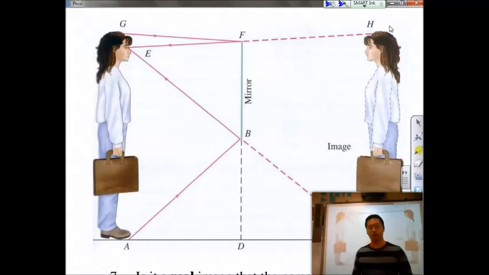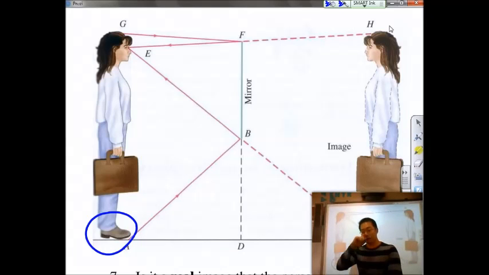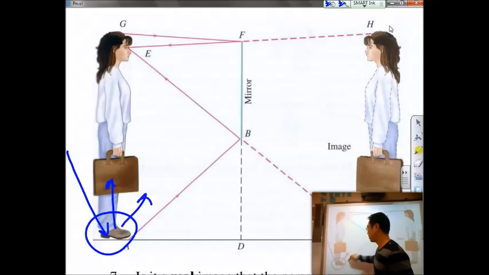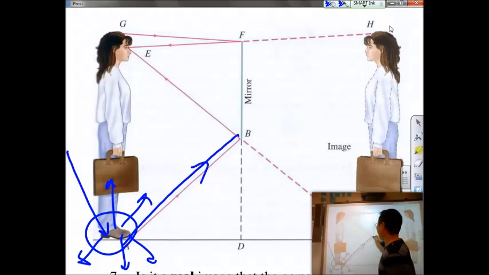Well, if you look at her shoe, some light is going to come in and strike it. When the light strikes the shoe, due to diffuse reflection, it reflects in every direction afterwards. But some of it happens to go out and strike the mirror at such an angle that it reflects into the person's eye.